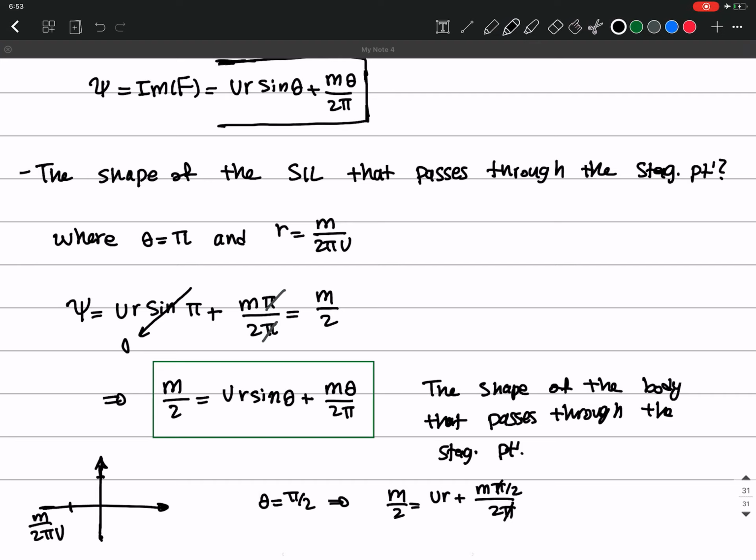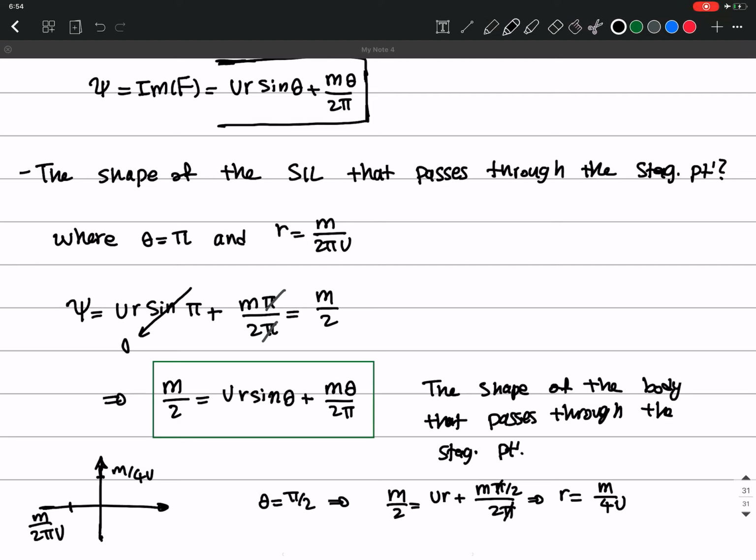And then for the other one, like 3 pi half, you can find it similarly.